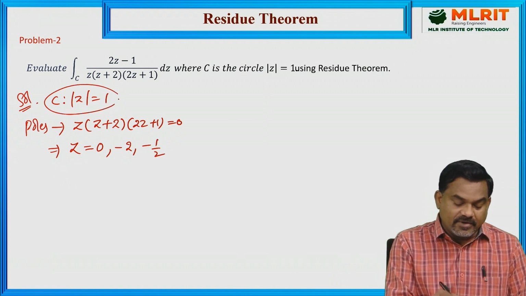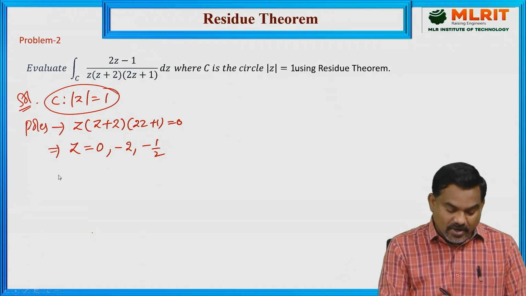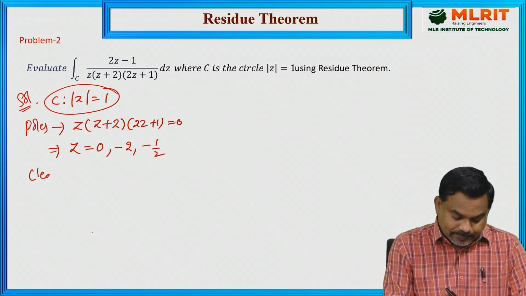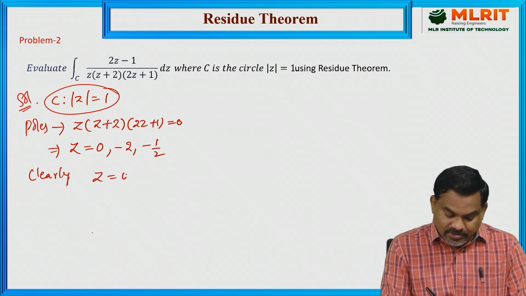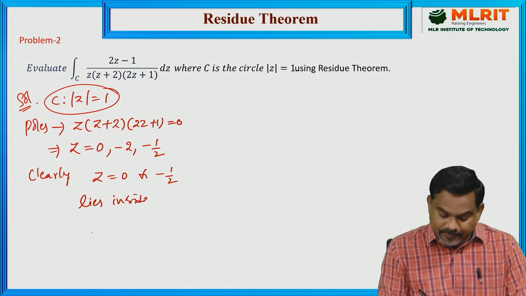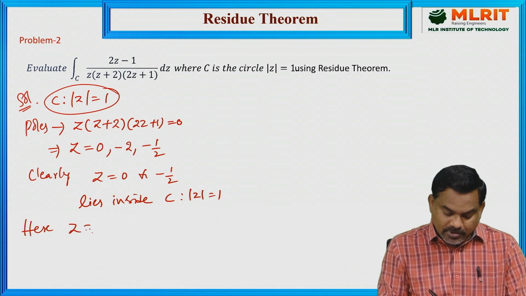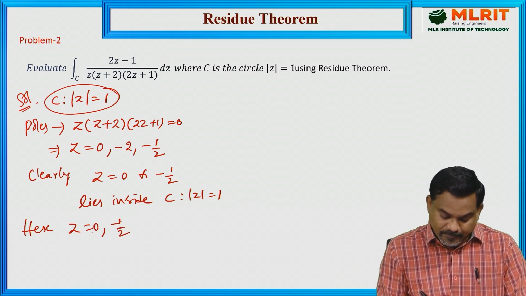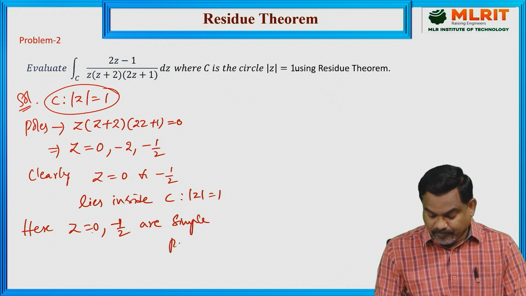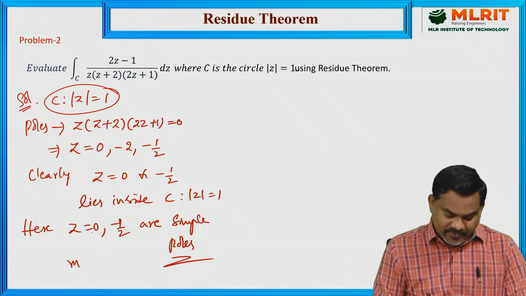And since the curve is a circle with center at origin and radius equal to 1, it is very clear that z equal to 0 and minus 1 by 2 lie inside the curve mod z equal to 1. And also here both the poles 0 and minus 1 by 2 are simple poles. So simply, we can consider m equal to 1.